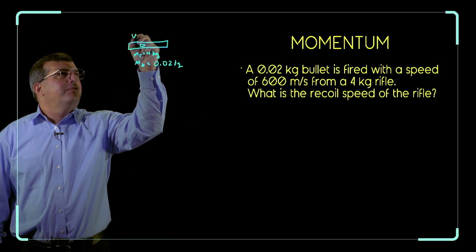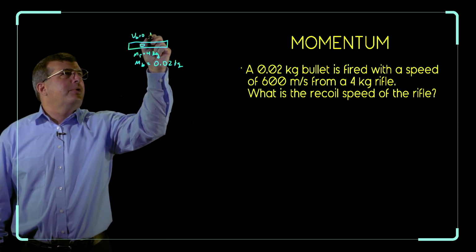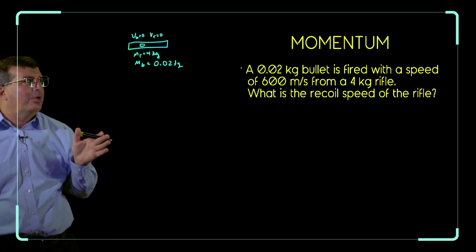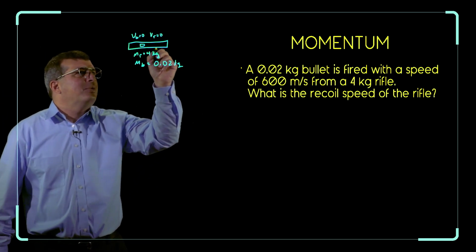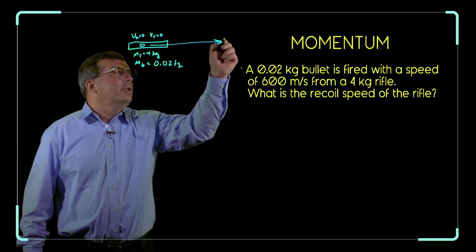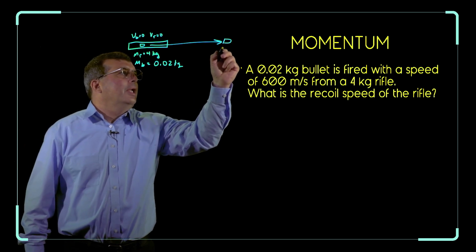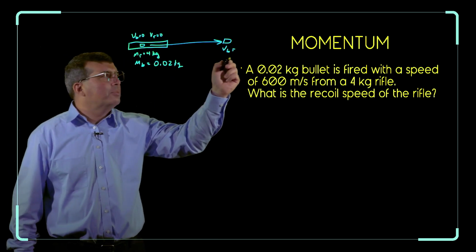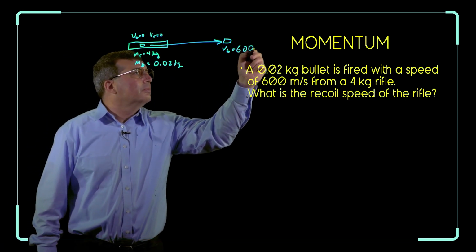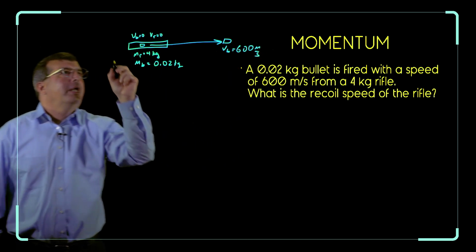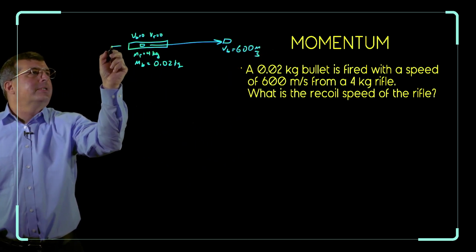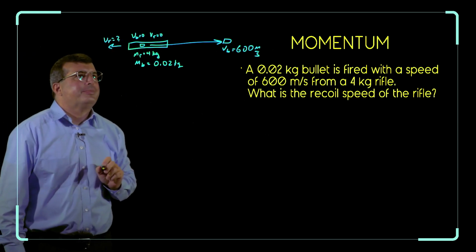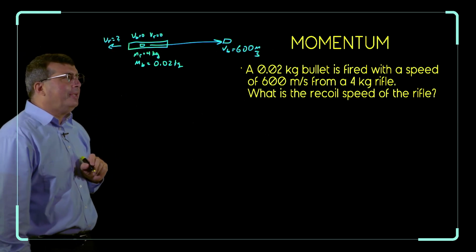And initially, V bullet is equal to 0 and V rifle is equal to 0. So that's how things start. And then afterwards, the bullet goes out, and we have V bullet is equal to 600 meters per second. And V rifle, we don't know. Okay, I think that's everything.